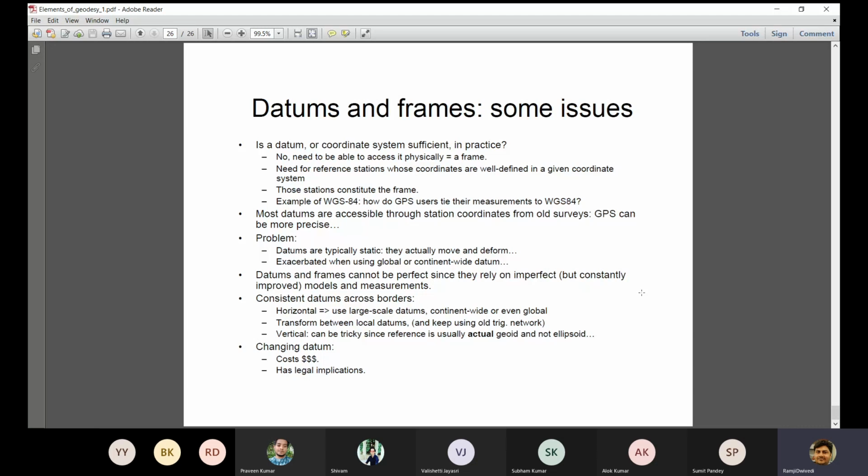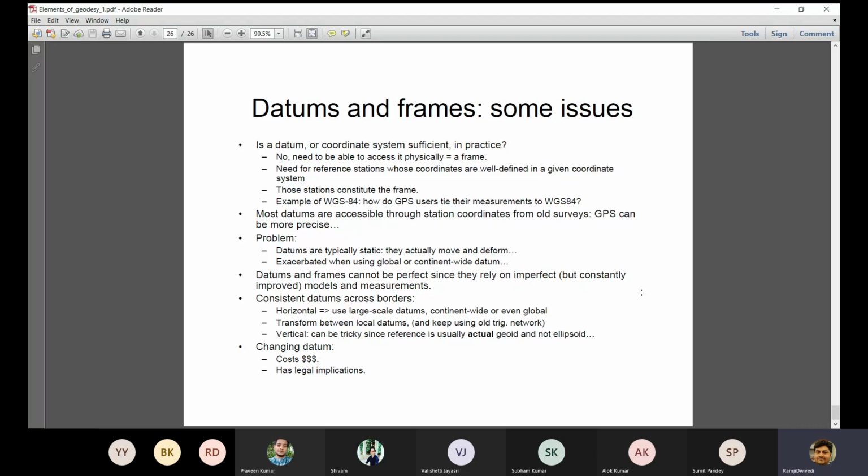If you define a datum on GPS measurement, that measurement itself is changing. So your datum cannot be perfect, but we have to define it to make sure we are able to do our work. Our work should not be stopped. We have to do the work also.